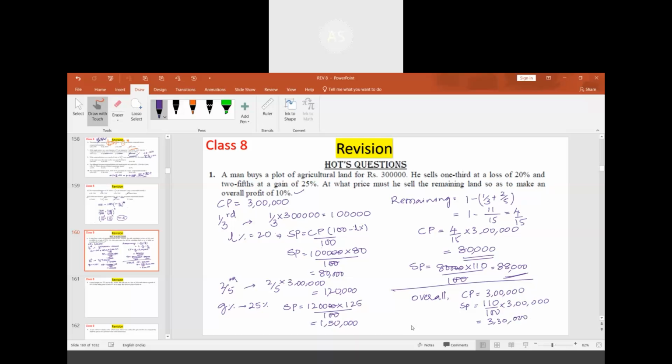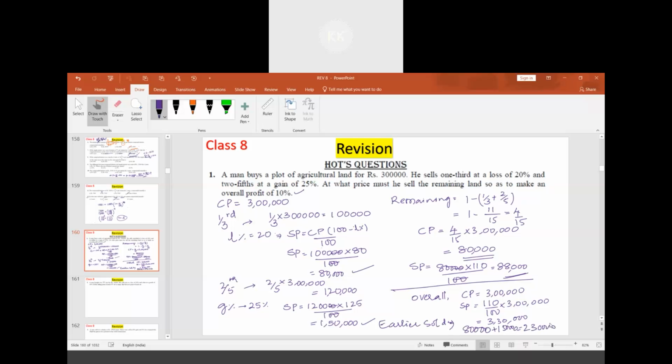From this we have to subtract the first one and second one. The first one and second one means 80,000 added to 1,50,000, which is 2 lakh 30,000.